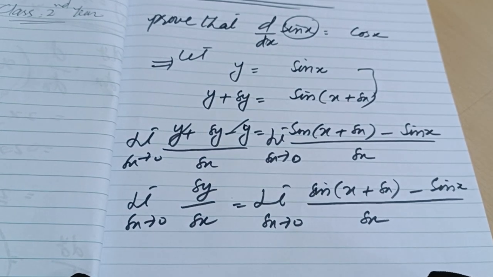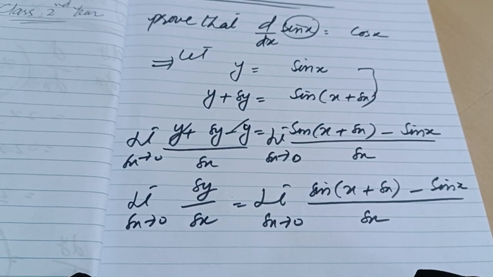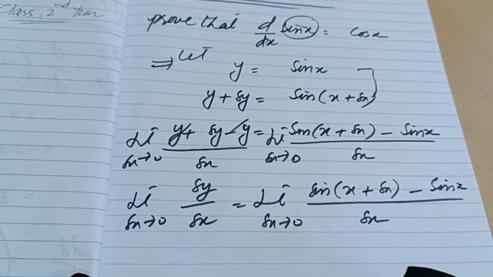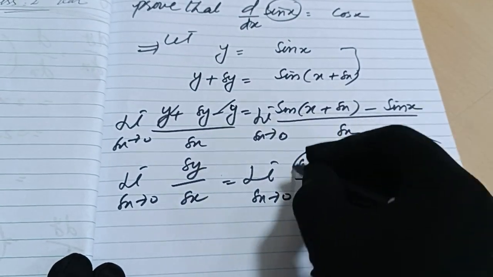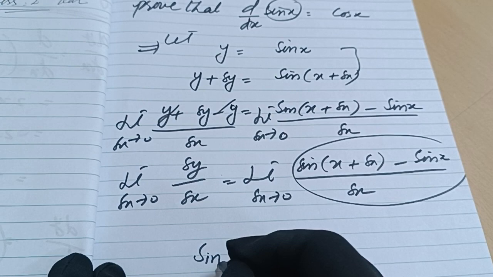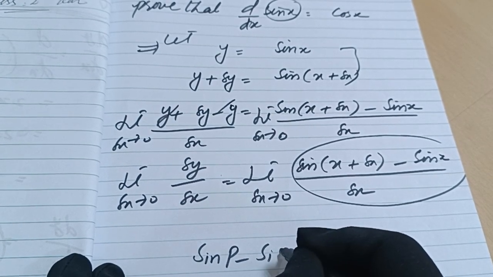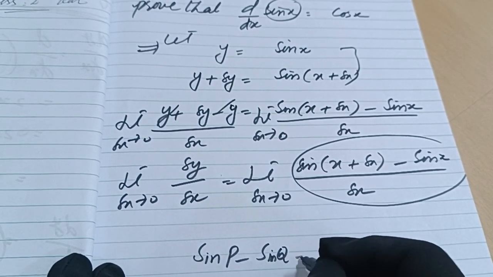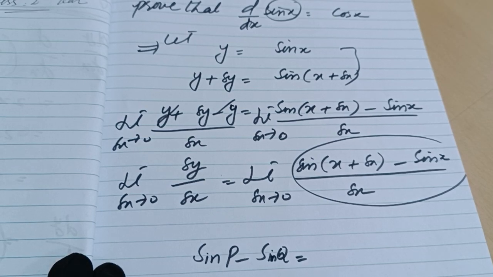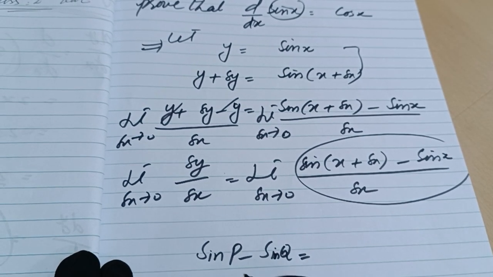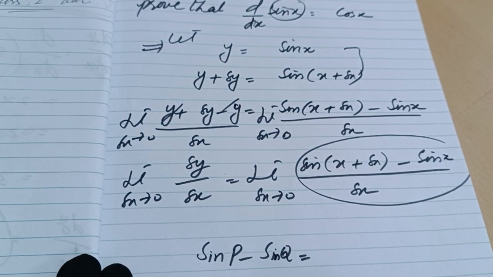So we can apply an algebraic strategy to avoid that term. If we see properly, this is of the form sine p minus sine q.